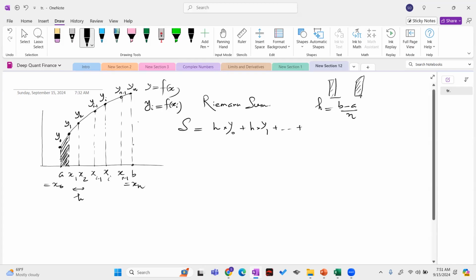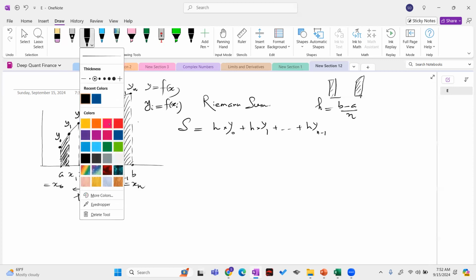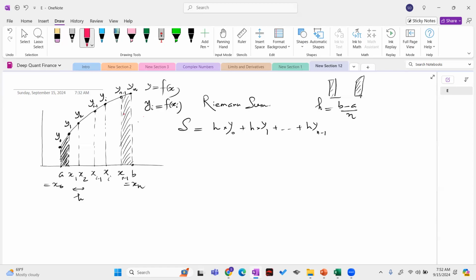And this goes on, and the final one would be h times yn minus 1. That's this one. Now, just so that you understand the fit, what we are trying essentially is we are taking this rectangle.